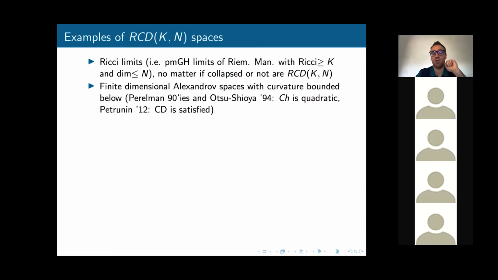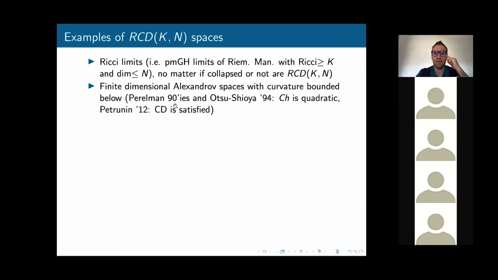Which measure am I thinking of here? Alexandrov spaces are metric spaces, while RCD spaces are metric measure spaces, so you have to fix also a reference measure. And here the natural choice is the Hausdorff measure of the relevant dimension.